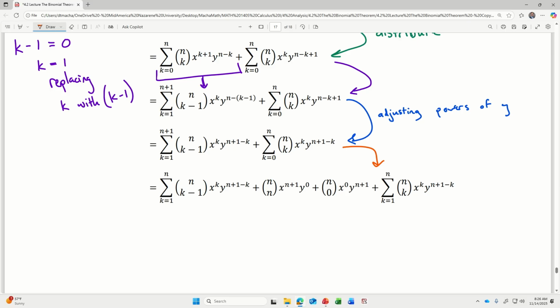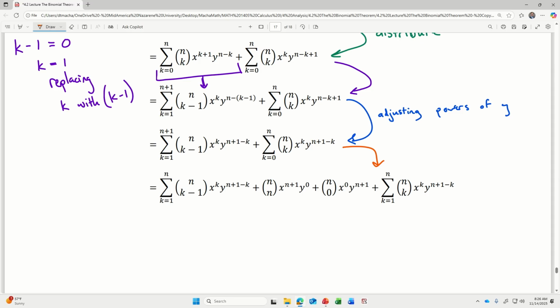The index used to start at 0. Now it starts at 1. So it's exactly the same sum, except this one is missing a term. And the term that it's missing is the term where k is equal to 0. And so I went ahead and wrote that term of the sum out to the side. So you get the k equals 0 term here, and then the rest of the sum right here.